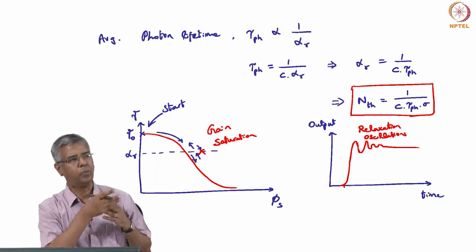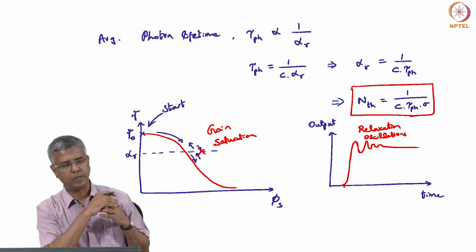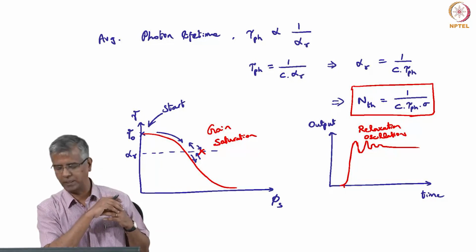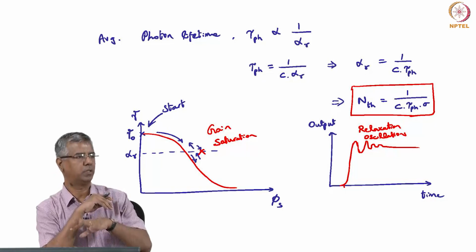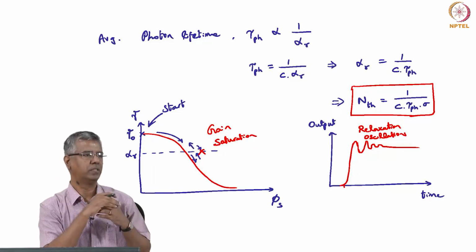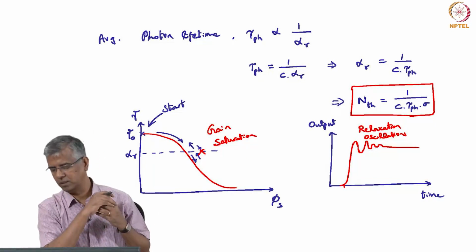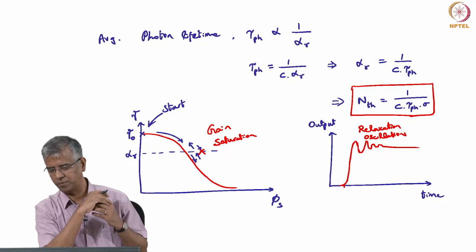So, it will be in the order of a few tenths of microseconds typically, if you are talking about a system like an erbium system that we are now familiar with from our discussion on optical amplifiers.